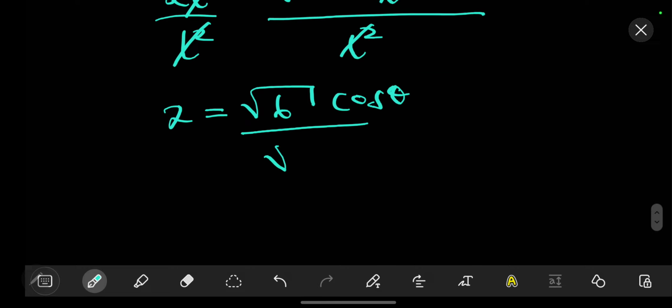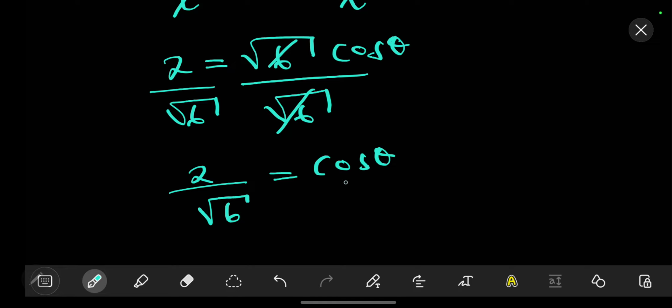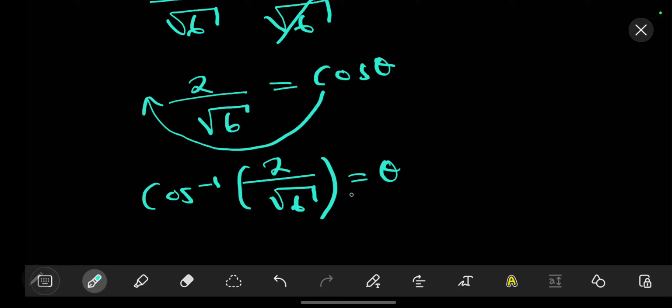So we divide this by the square root of 6, and we divide this by the square root of 6. This will give us 2 over the square root of 6, which should be equal to the cos of theta. We take the cos inverse this side. We are going to get the cos inverse of 2 over the square root of 6, which should be equal to theta.